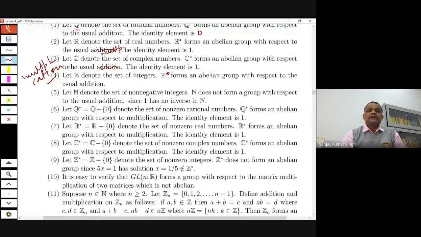If you take N, the set of all negative integers, then you can easily check that it is not a group. Why? Because if I take the element 1, then there is no element A such that 1 plus A equals 0. So it is not a group with respect to usual addition, though of course you can make it a group in other ways.